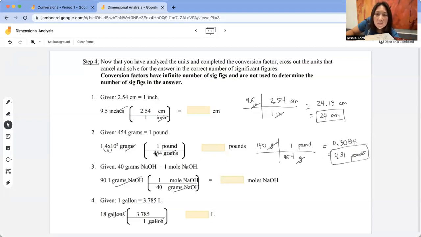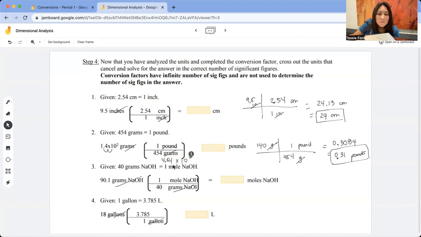Let's do it in scientific notation. If you leave this in scientific notation, 1.4 times 10 squared, then you should also change this. If you do that, it does help. Let's not change it all the way, that'll take time, but I'll do it really fast. So this will be 4.54 times 10 squared.